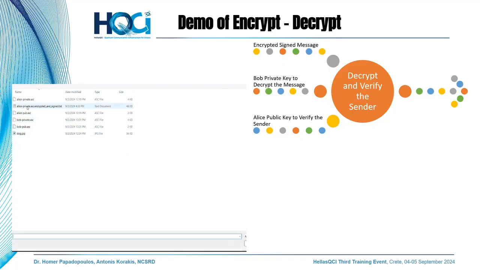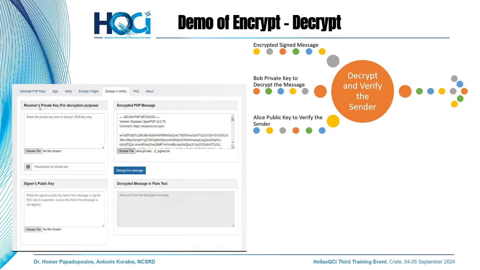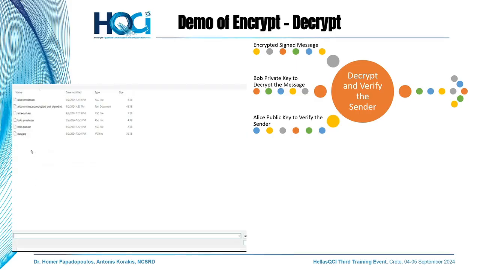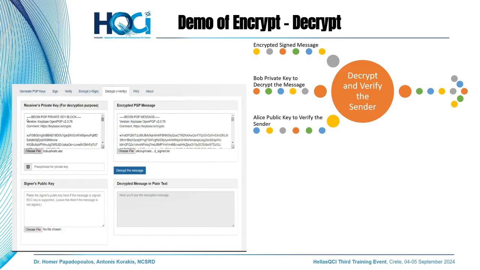We go there. This is the encrypted message. We put it in the same folder. You get the encrypted message, you put it there, and then you choose Bob's private key to decrypt the message, to decrypt the photo. The password, okay, because when we created the public and the private keys, we used some password.